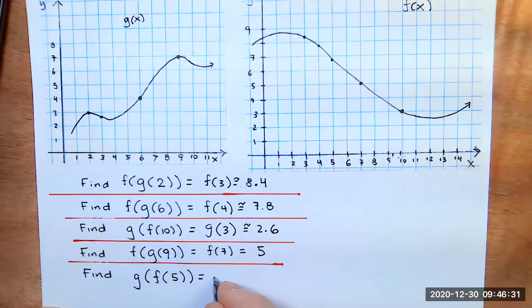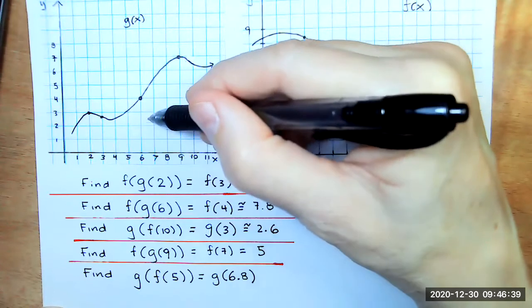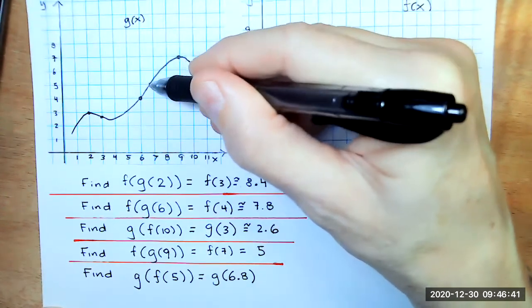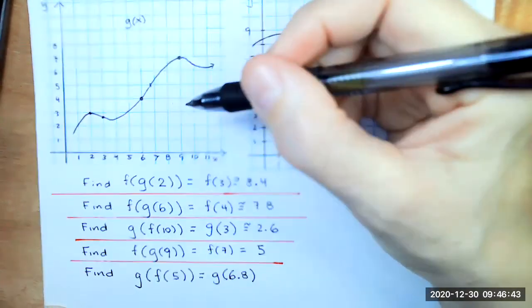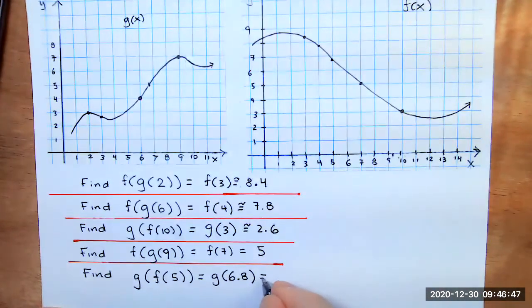So we look on the g graph. 6.8 is about here. And g of 6.8 is 5. And I'm going to put an approximately equal sign. And you can see how the errors get multiplied.